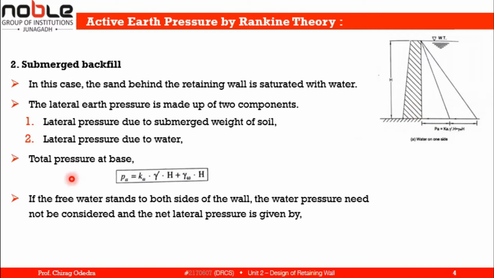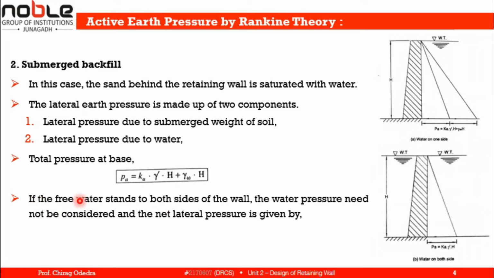In another case, if free water stands on both sides of the wall, the water pressure need not be considered, and the net lateral pressure is given by this equation, Pa = Ka γ' H. Why? That is because here there is water on one side, and this water applies pressure to the retaining wall in this direction, left side, and the water on the other side will apply pressure to the retaining wall from the right side.